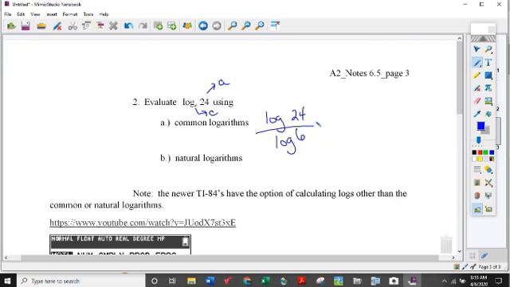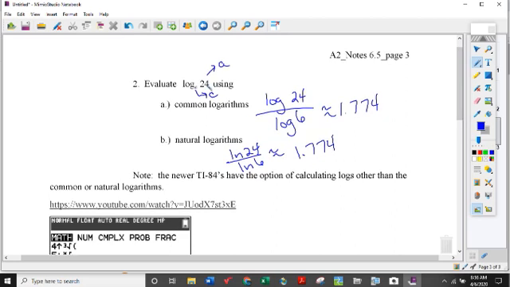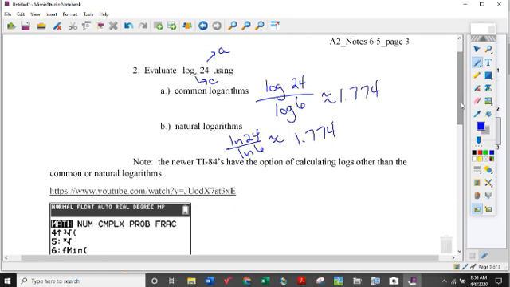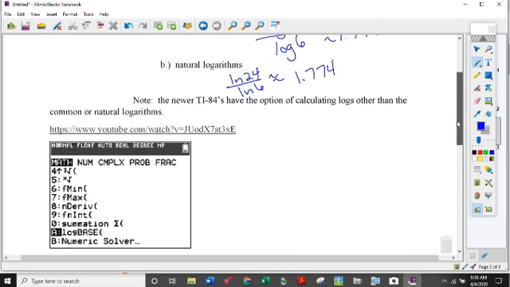Plug it in. Or I can do natural log, plug it in, and you'll see you get the same results. Okay, so it's a log of what's in the inside divided by the log of what's in the bottom, and that will give you the equivalent using log base 10 or natural log.